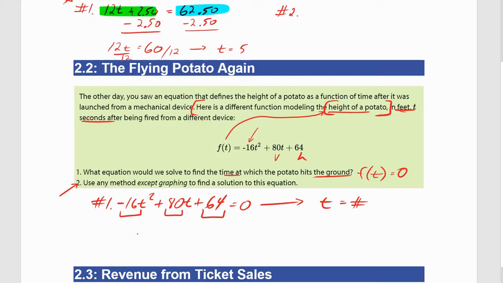I believe it's negative 5. And then what is 64 divided by negative 16? I believe that is 4. Yes, negative 4. All right, so you can actually factor out the negative 16 from every single term inside your quadratic function.